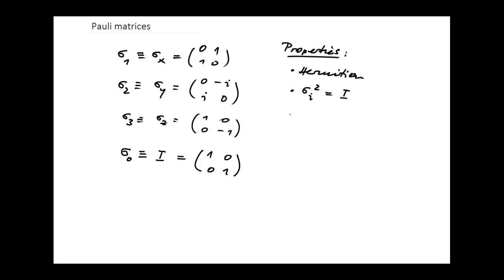Now i is not the index, but it's the imaginary unit i, and then the Levi-Civita symbol epsilon ijk sigma k, and this holds for i different from j, and the indices are going from 1 to 3.